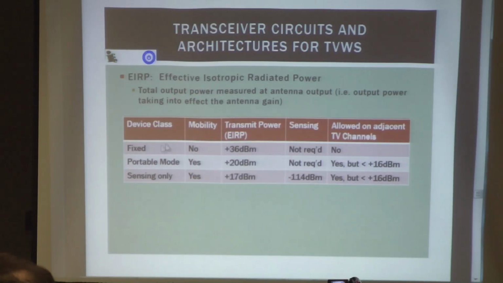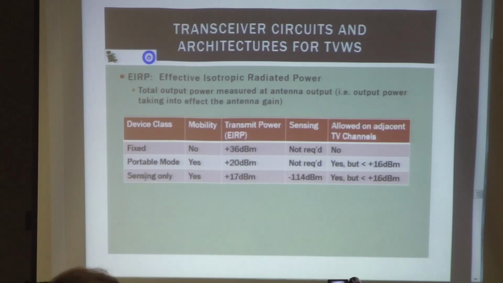So here, as I said earlier, the 802.22 standard distinguishes three types of devices: a fixed device, a portable mode device, and a sense-only device. Fixed and portable mode devices rely on that external database that defines what channels you can use depending on your geographical location.